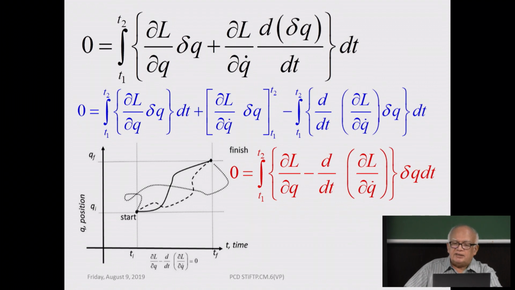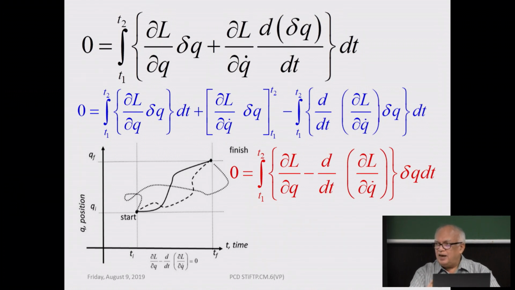So what is our ansatz? That action is an extremum, no matter what the variation is. Okay, no matter which alternative path is taken. And on all of these alternative paths, delta Q will be different. So regardless of which path is taken, if this definite integral is to vanish, then the integrand itself must vanish.